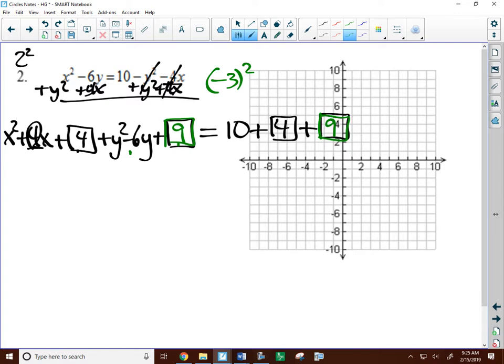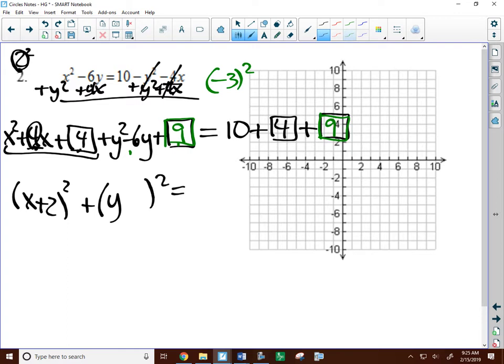Now we factor. With the x terms, I'm just going to do one step here, and it's the same number. The two numbers that multiply to get 4 and add to get 4 are 2 and 2. It's again the number before you square it. So x plus 2, x plus 2, all right, x plus 2 squared.